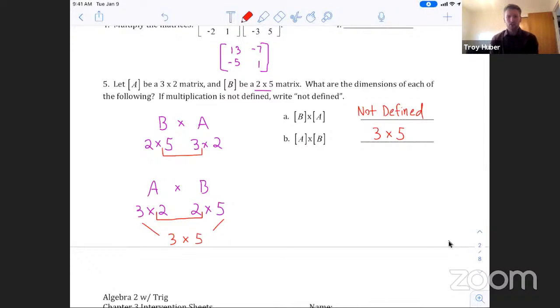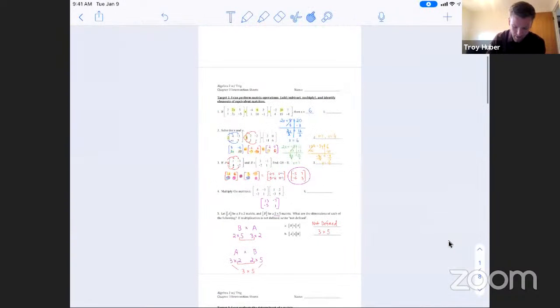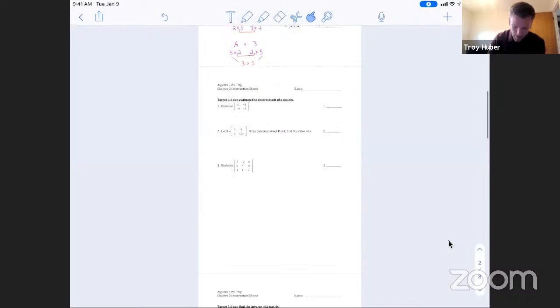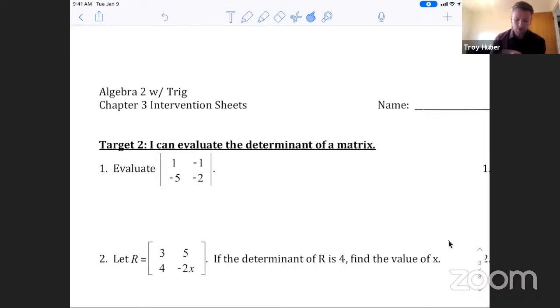All right, so we're whipping right along on this review. We've already finished up a couple of targets here. We're moving on to our next page. Target number 2, I can evaluate the determinant of a matrix.